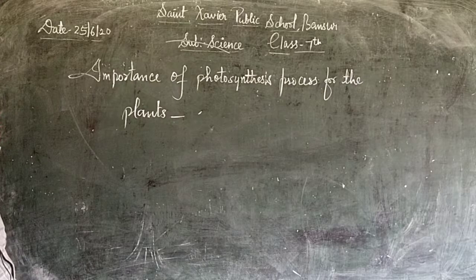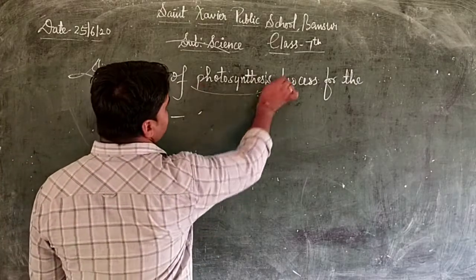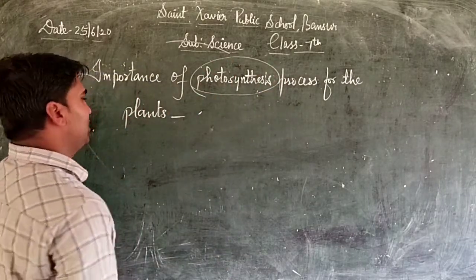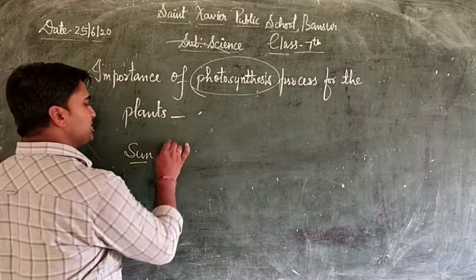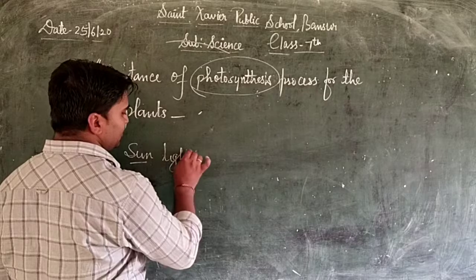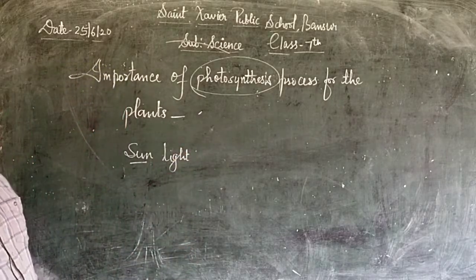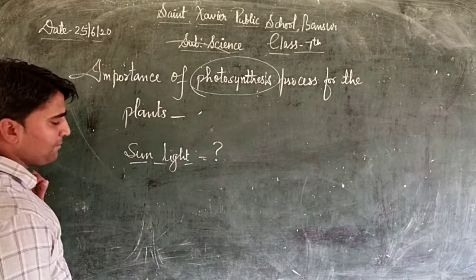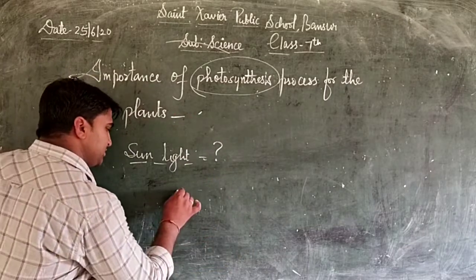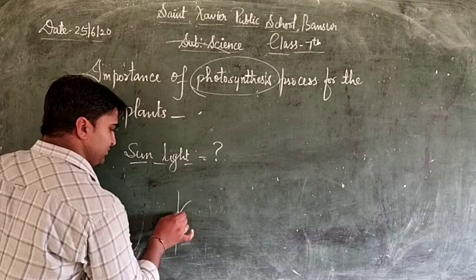You know very well that by this process plants prepare food. If sun is not present, or you can say sunlight is not there, then what will happen? This is our first question. If sunlight is not present, then what will happen for the plants? So I want to clear this.